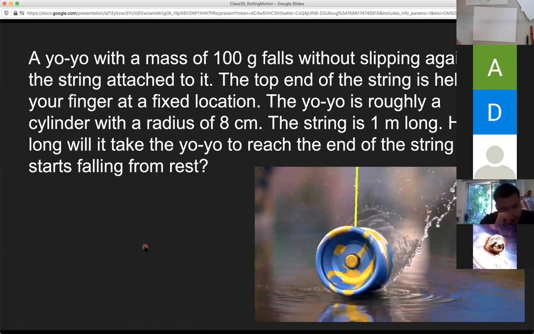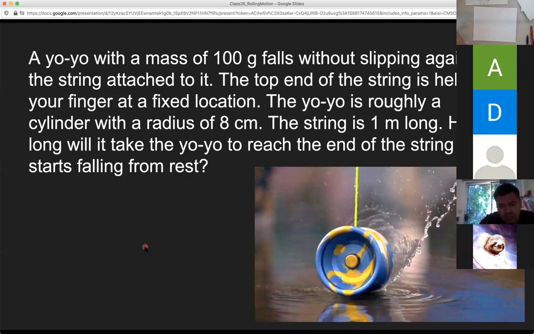It has a mass of 100 grams and it falls without slipping against the string attached to it. The top end of the string is held on your finger at a fixed location. The yo-yo is roughly a cylinder with a radius of 8 centimeters, and the string is 1 meter long. How long will it take the yo-yo to reach the end of the string if it starts falling from rest?